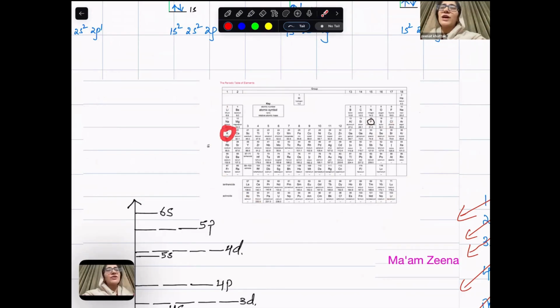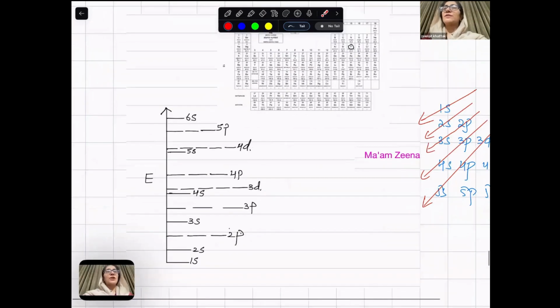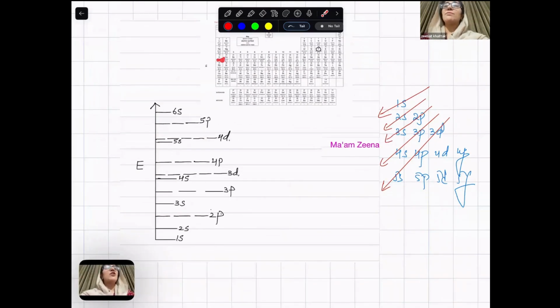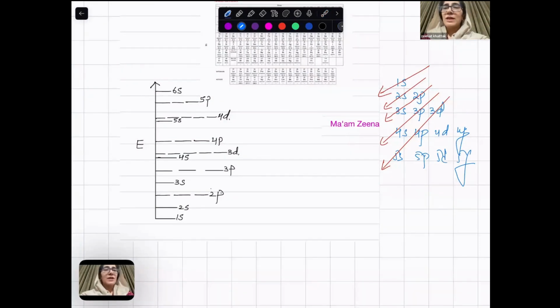Now, I'm going to start with potassium. Potassium is how much? 19. So what is the configuration of potassium? 1s2, then 2s2, then counting 1, 2, 3, up to 19.